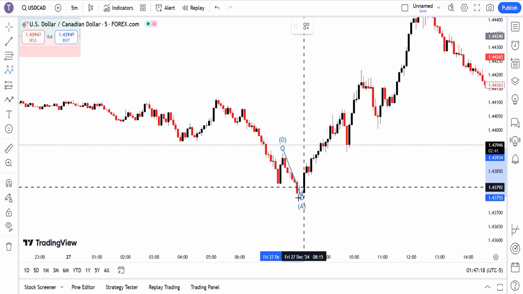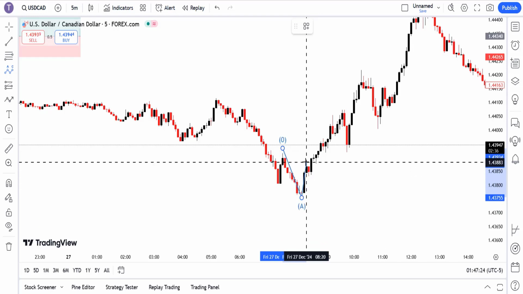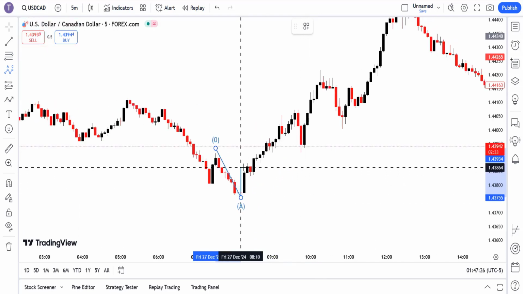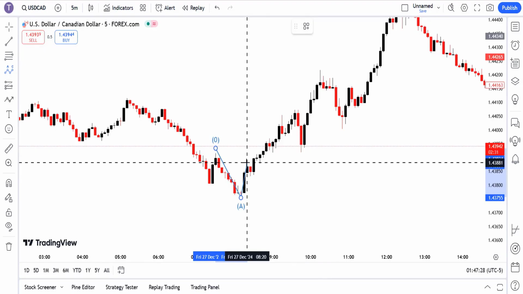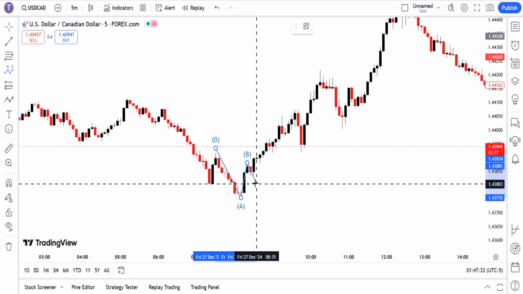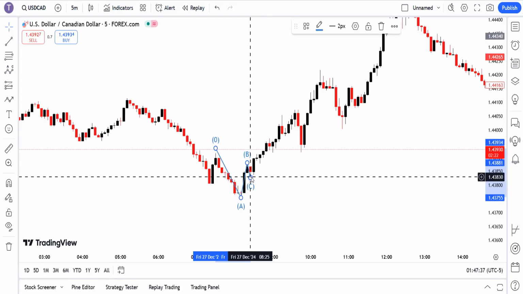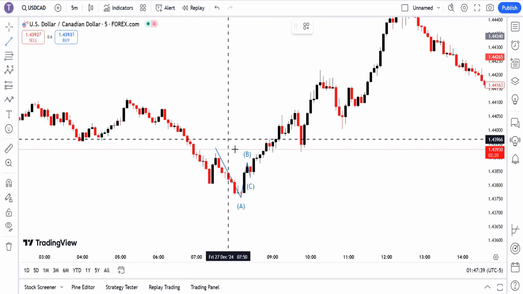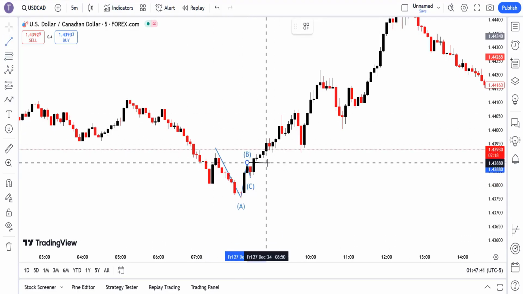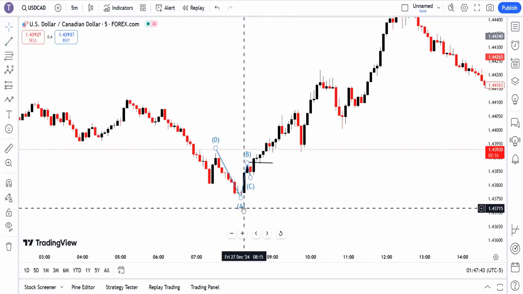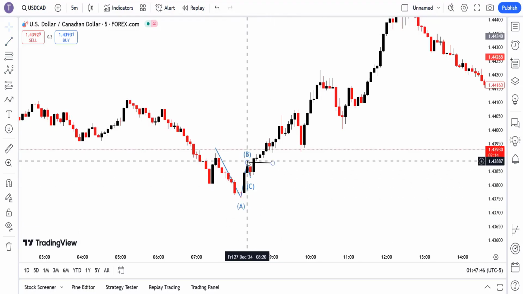Immediately price creates a swing high, which is the B, price retraces a little bit, and then there is a breakout at this B. Remember, I told you that this A is 1, this B is 2, and this C is 3.